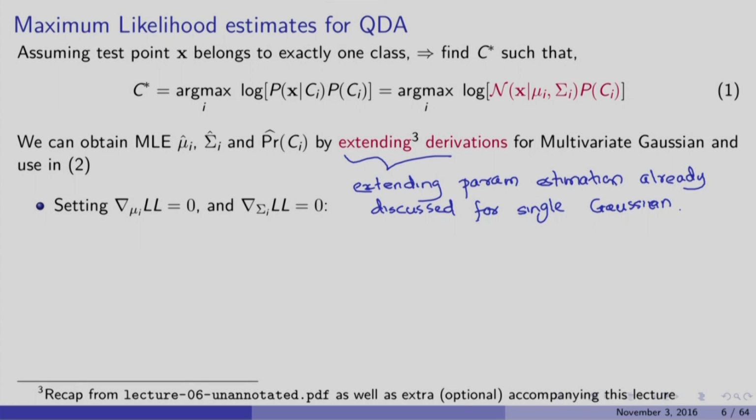In fact, this is quite characteristic of generative models, where you are looking at the probability of generation of a point for class 1 independent of the probability of generation of a point from class 2.